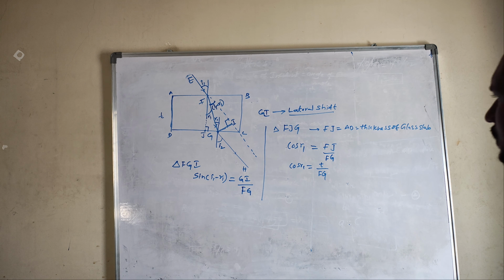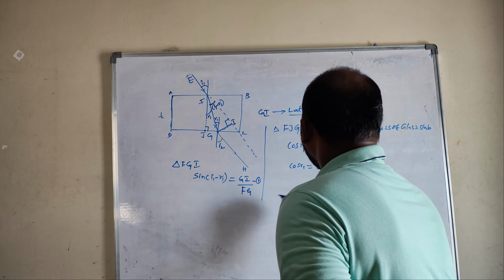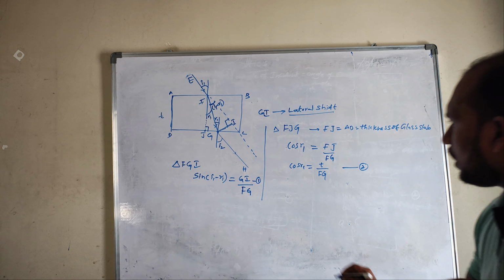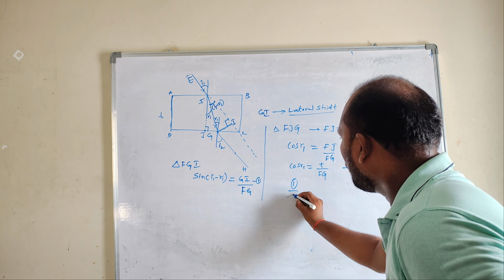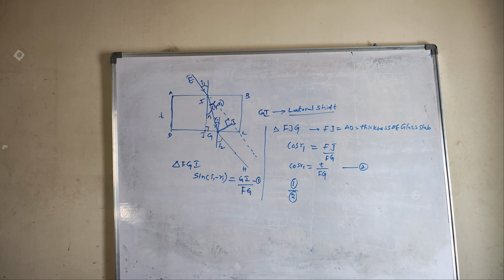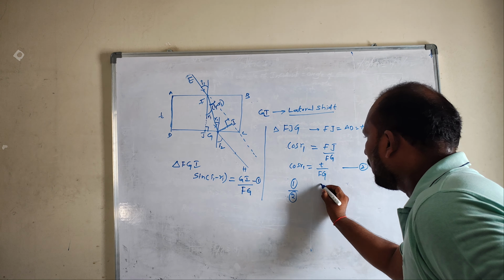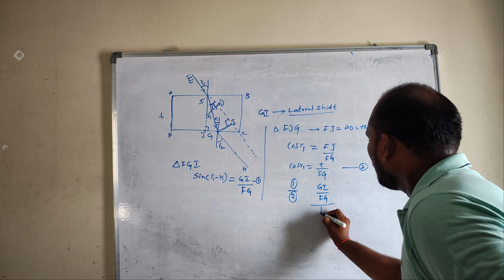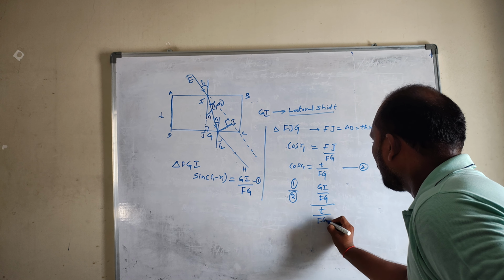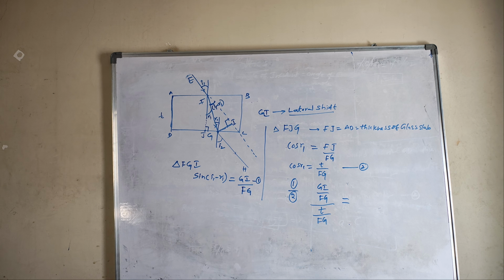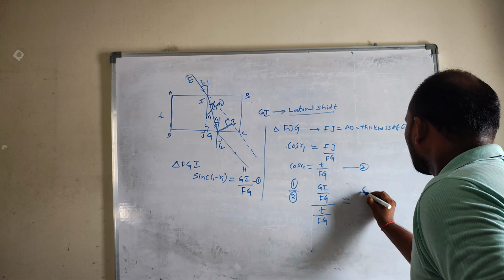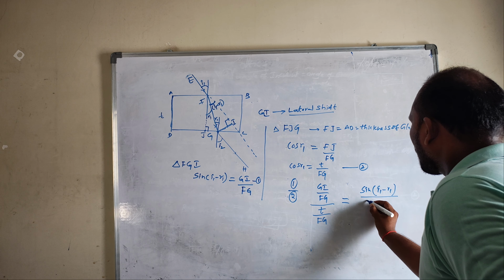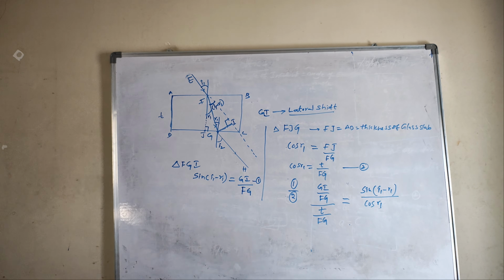Now what I have to do? I want the GI value. For that, let us say this is equation 1 and this is equation 2. Shall I go with 1 by 2? So now what do you get? GI by FG by T by FG is equal to sin I1 minus R1 by cos R1.